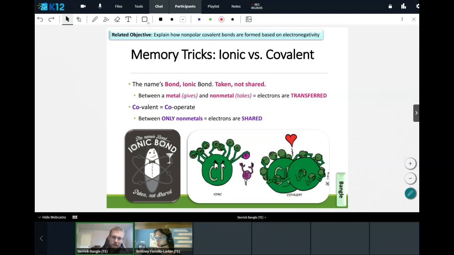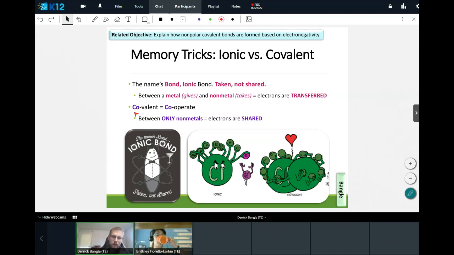And the reason is because between a metal and a nonmetal, the electrons are taken by the nonmetal, where the metal gives the electrons to the nonmetal, and electrons are transferred.